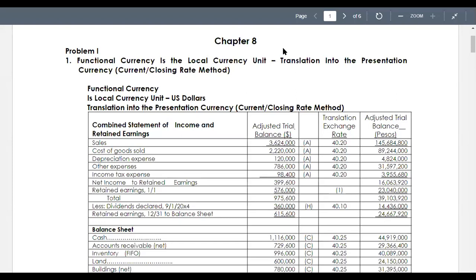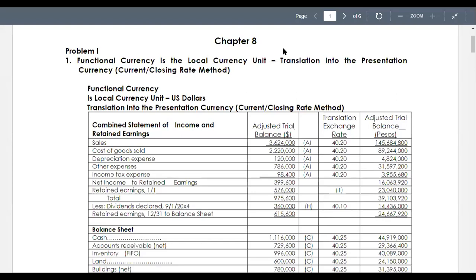Now, of course, we have the translation from the functional to the presentation currency. That's translation into the presentation currency, which we call the current rate method.